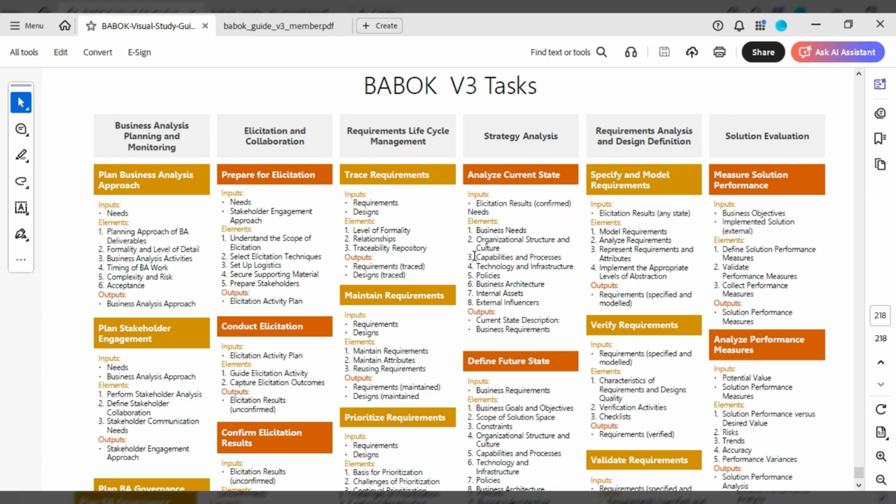Confirm what the needs are, or when it comes to elements: business needs, organization structure and culture, capabilities and processes, technology and infrastructure, policies that are in place currently, business architecture, internal assets, external influencers. Then as output, you would have the current state description. Okay, so we are trying to analyze the current state. So now the output will be the current state description, then also business requirements.